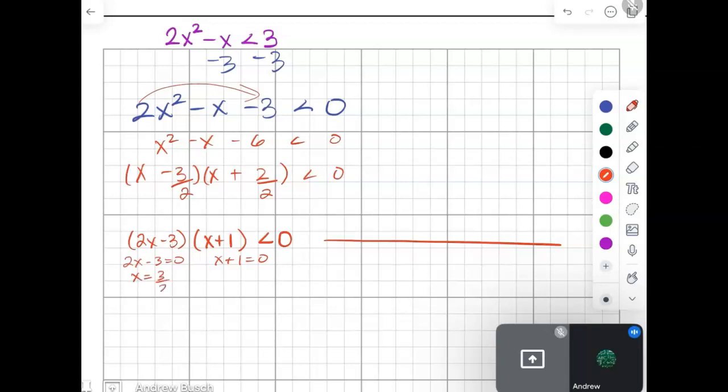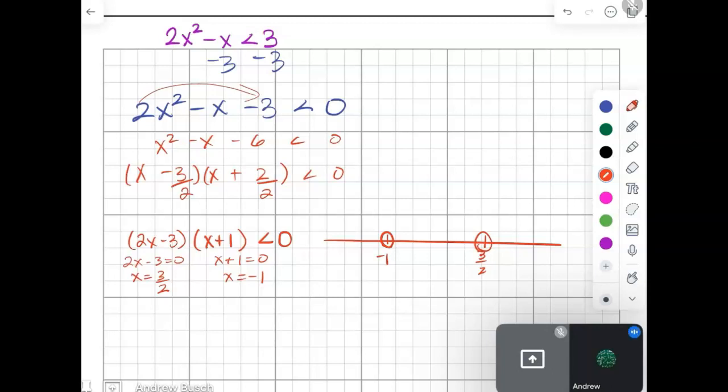So that would be 3 halves. You're going to subtract 1. So negative 1. Now this says that it is less than 0, not equal to. So that means on our number line, we're going to have an open point at negative 1 and an open point at positive 3 over 2. So it is not equal to in those areas.